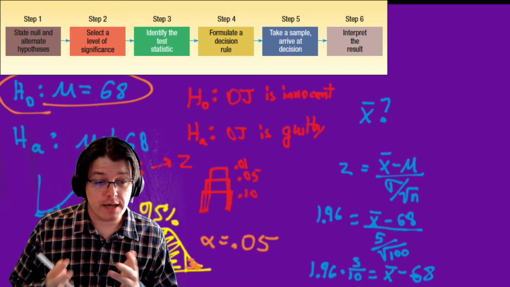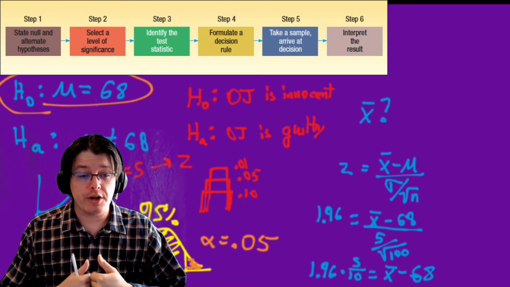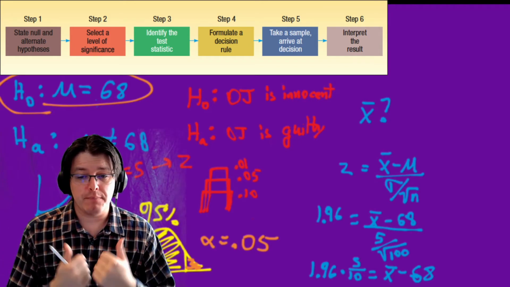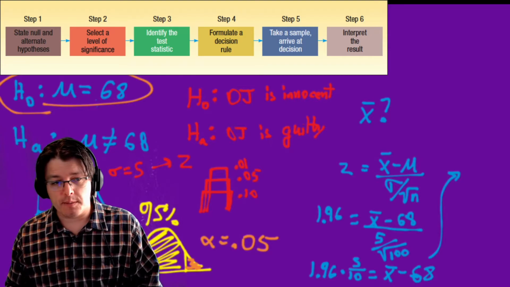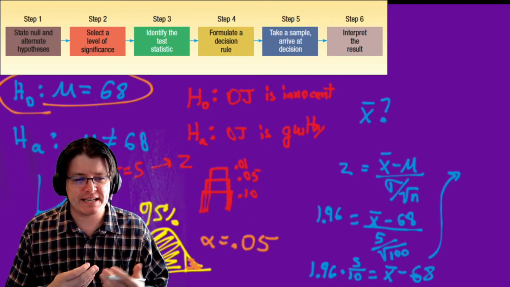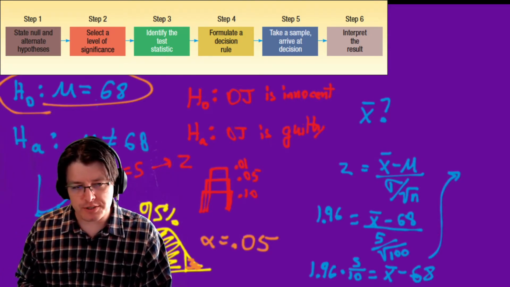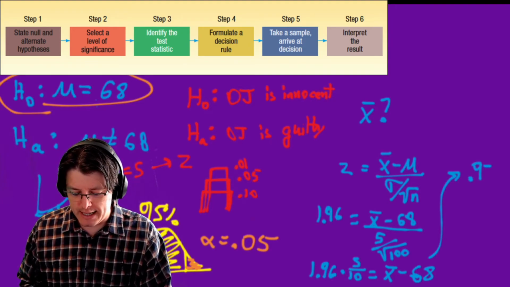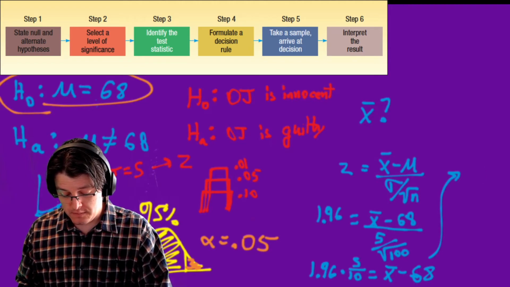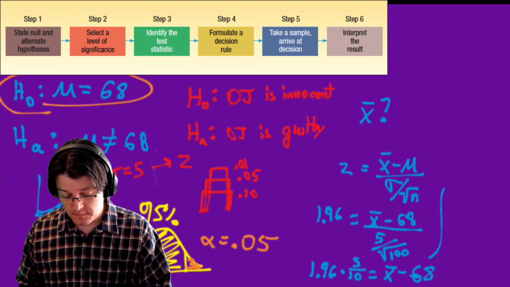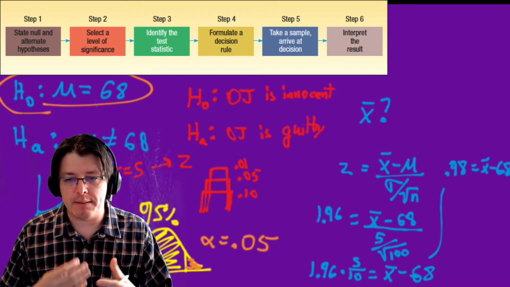Now, a couple things to note. We are doing a two-tailed test, so we're interested in both directions. In some sense, there's a positive and a negative z value here that we're interested in. So this becomes 0.98 equals x bar minus 68, though there's an implicit plus or minus here.